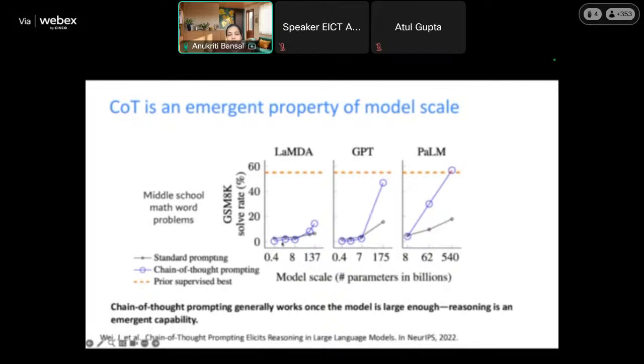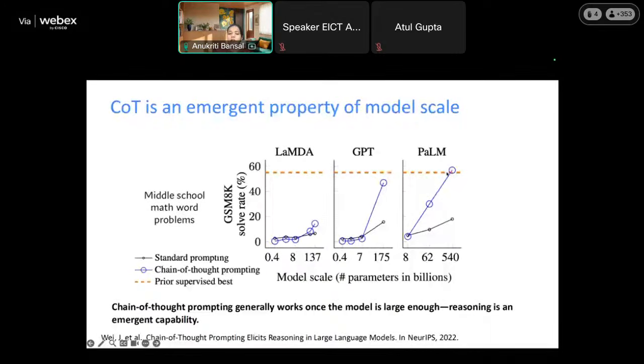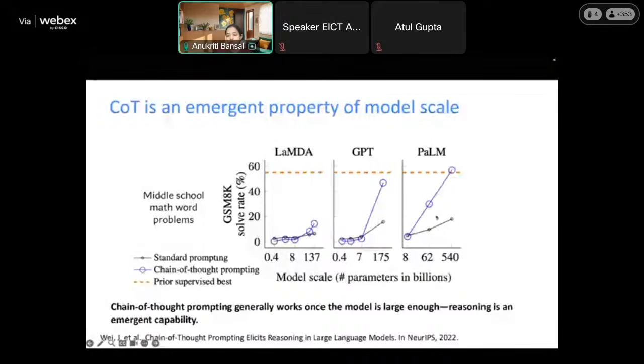As you see, with chain of thought prompting the accuracy has increased a lot. The blue one is chain of thought prompting, and this black one is the standard prompting technique. Okay, and with chain of thought prompting, the accuracy has increased a lot.